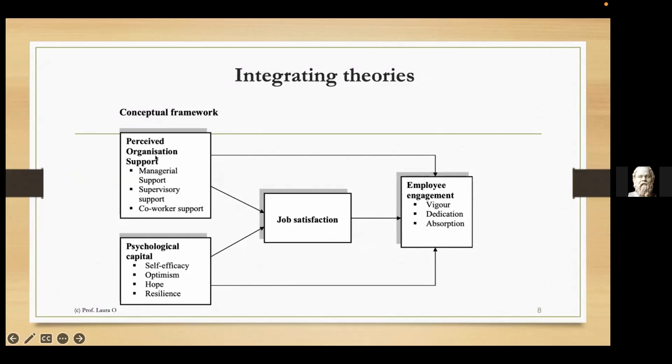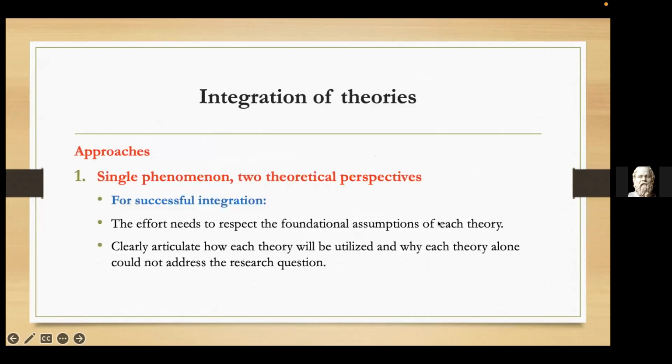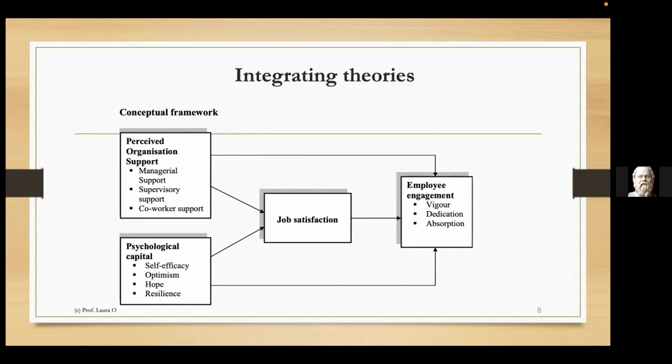The theory of perceived organization support explains, or the main argument is A, B, C, D. For this to happen, X, Y, Z. Then tell us how, if you're going to use 2 or more theories, give us the approach you're using to integrate the theories.